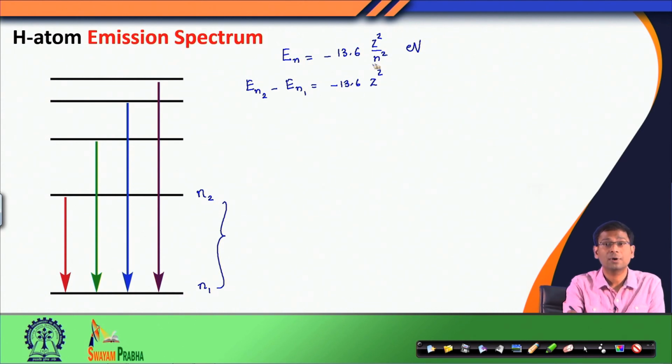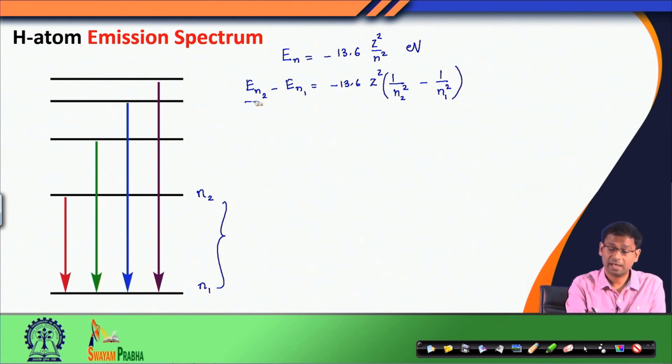But to make the expression generic for all hydrogen-like systems, I am retaining this Z square. So, 1 over n2 square is for the n2 level, and if I subtract the n1 level, I simply have 1 over n1 square. So, this is the energy difference between the two levels.